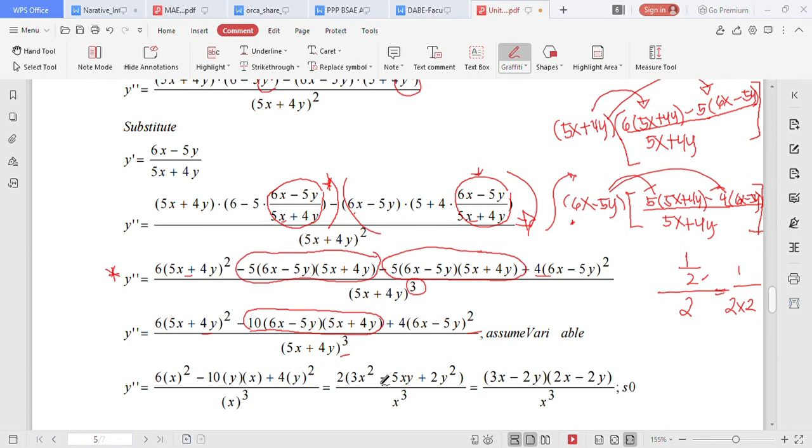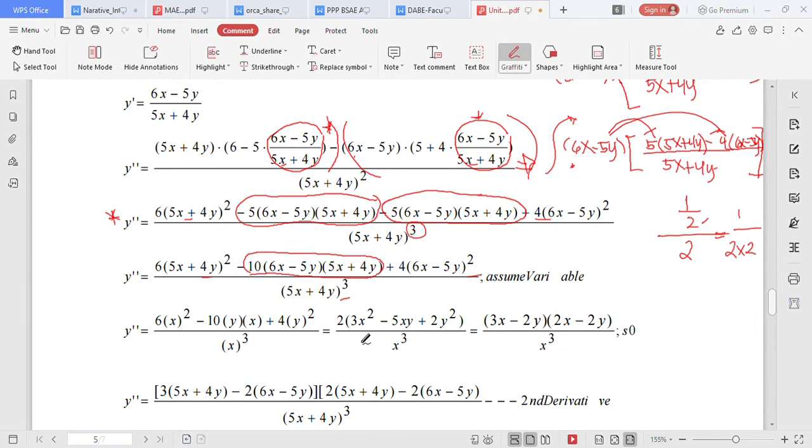So, what did we do next? Why did it become x here? We assume variables. Here, we assume that the expression x is 5x plus 4y, and our y, we assume, is 6x minus 5y.